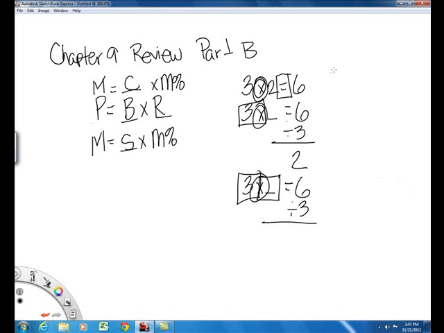So when we brought it across that equal sign, we did the opposite. The opposite of multiply is divide, which means the opposite of divide is multiply. The opposite of add is subtract, and of course the same way, the opposite of subtract is add. So keeping those few small concepts in mind, we're ready to move on to Part B.